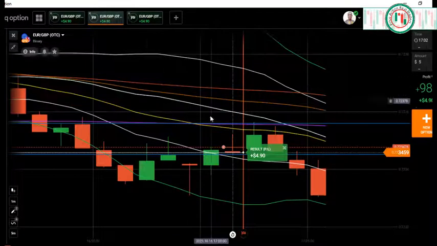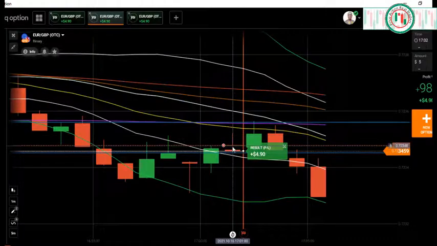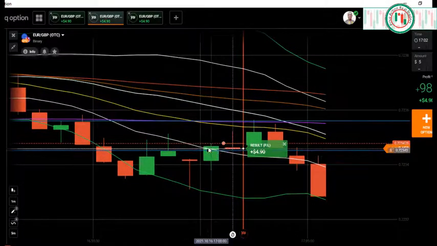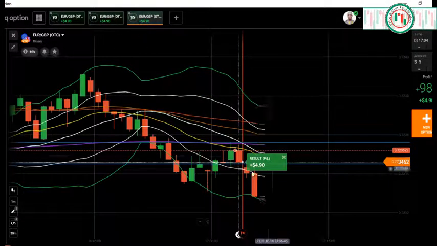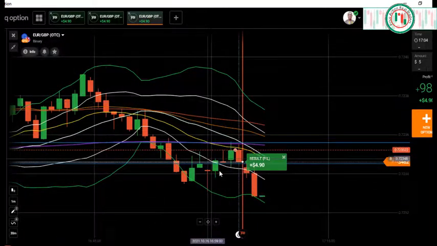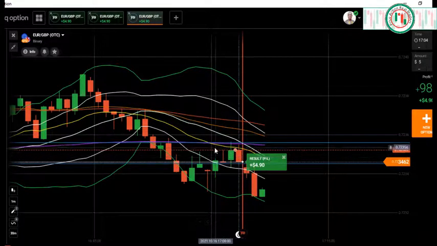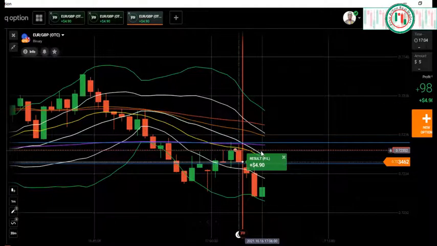And here you can see I place put option, because I know definitely this candle must be red, so that's why I place my trade put option and the candle is red, you can see. Then here I place put option again, because I know this market must hold at this level, and this candle is weak green candle and rejected from 200 EMA. That's why I place my trade put option. So you see it's in the money. So anytime this way you will analyze the market.